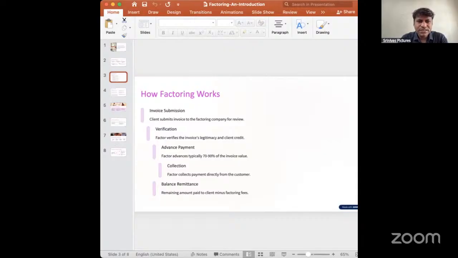After that, the client sells the invoice to a factor, and the factor pays 70 to 90% of the invoice value immediately. The customer pays the factor on the due date. The factor pays the remaining amount to the client, less fee charges.